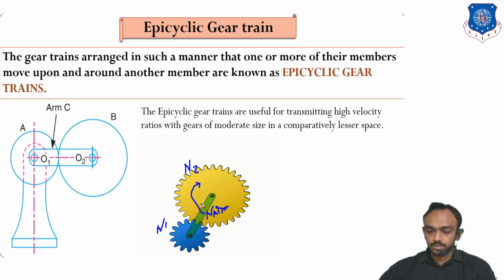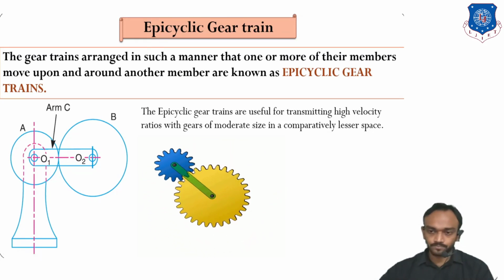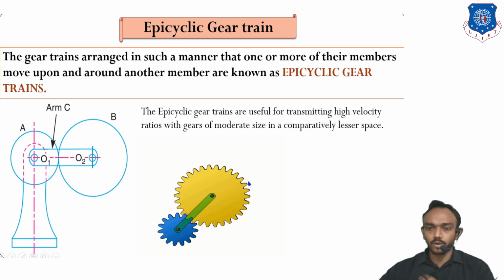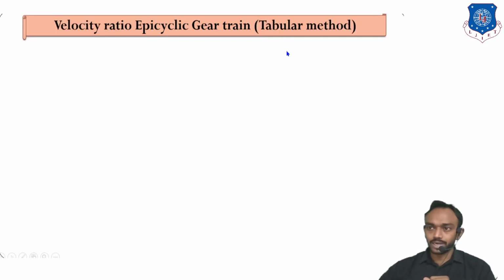Without considering these two, if the arm is rotating one complete revolution, how many RPM will this gear have? This type of question may arise, and we can find it using the tabular method. Very simple, and mostly all numericals we will solve based on this tabular method.